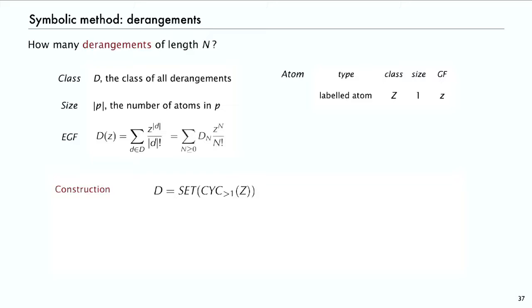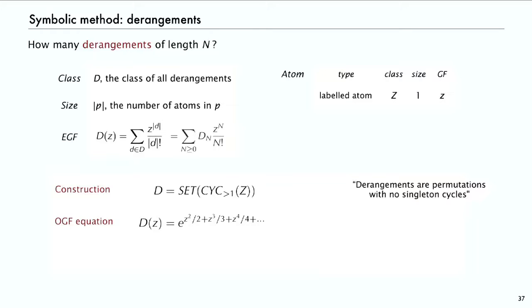A derangement is a set of cycles where the length of the cycle is greater than 1, and we indicate that with cycle greater than 1 of atoms. A permutation is a set of cycles of atoms. This one excludes the ones of length 1. That one immediately transfers.